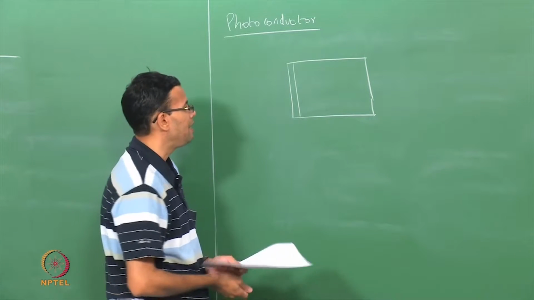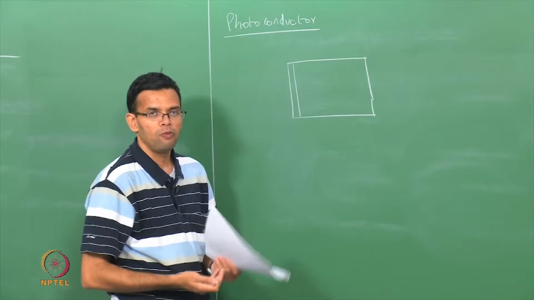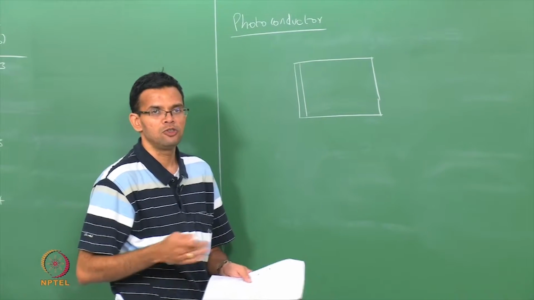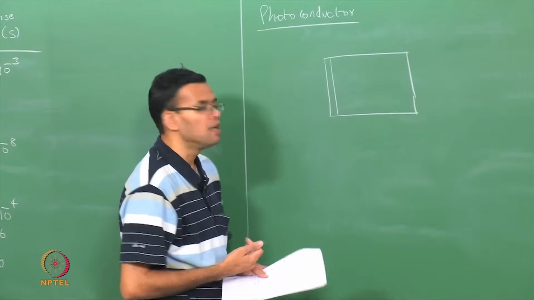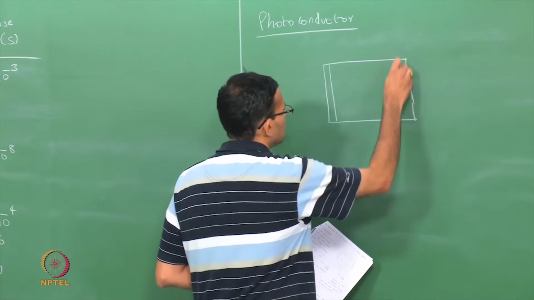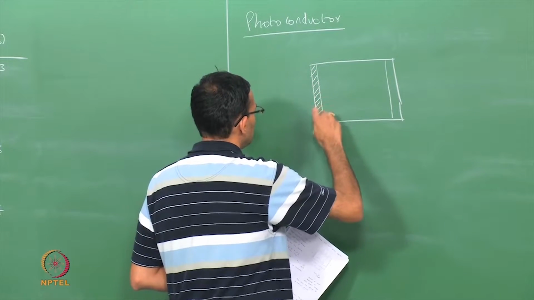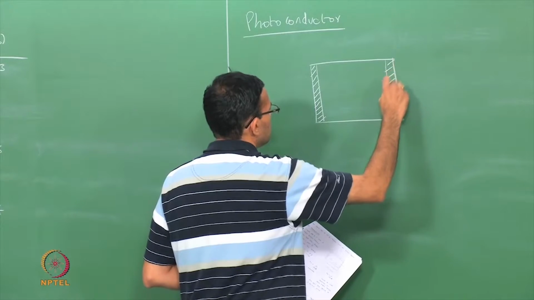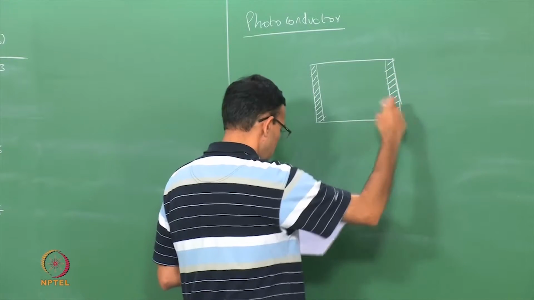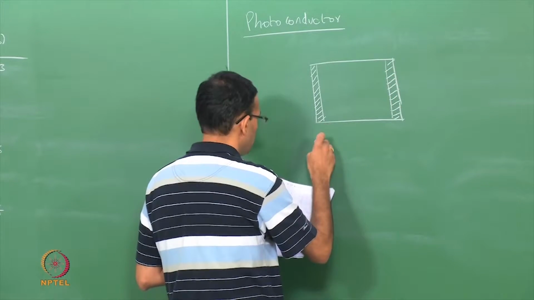These can typically be metals, and they form an ohmic contact with silicon. We want to choose the materials in such a way that you have an ohmic contact. So, this is your central slab with 2 ohmic contacts.